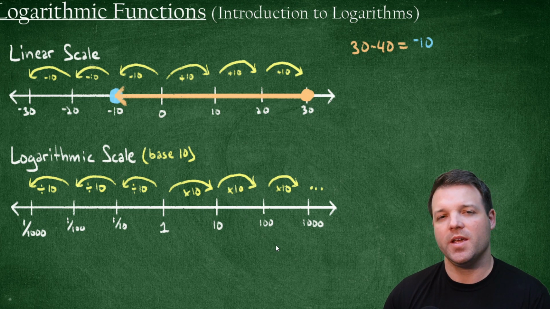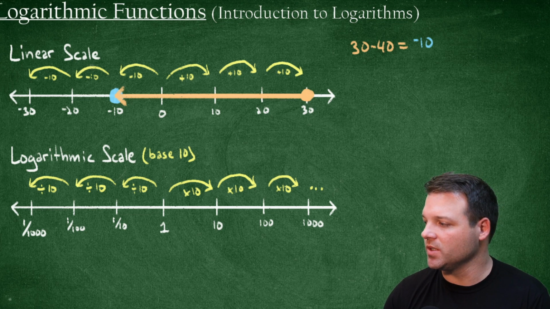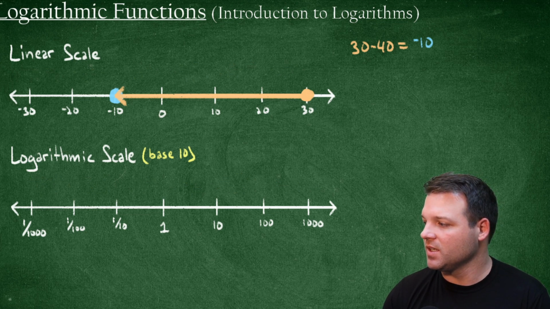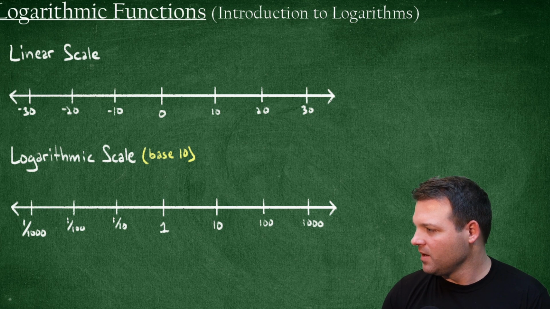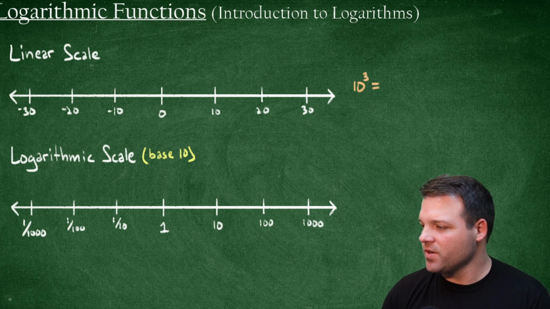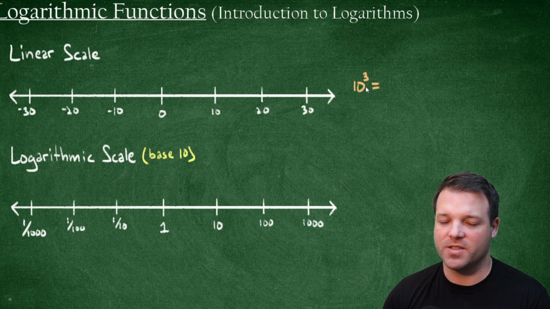So how do we answer questions based on this scale? I kind of already alluded to it in this last example, but let's go ahead and do some of these. Let me remove this example. Okay, so here we go. Here's a problem for us: we have 10 to the power of 3. This is an exponential.